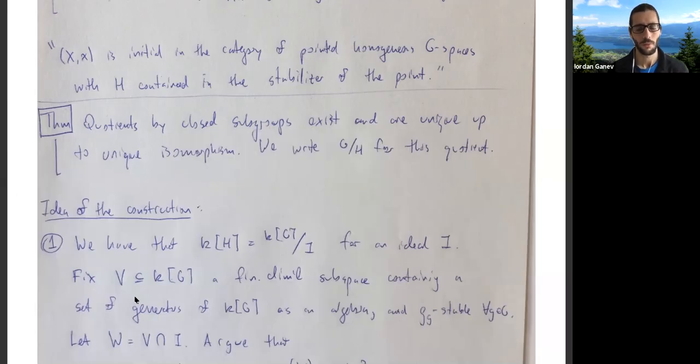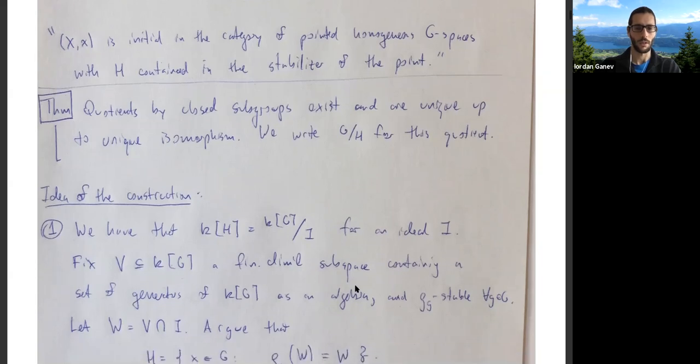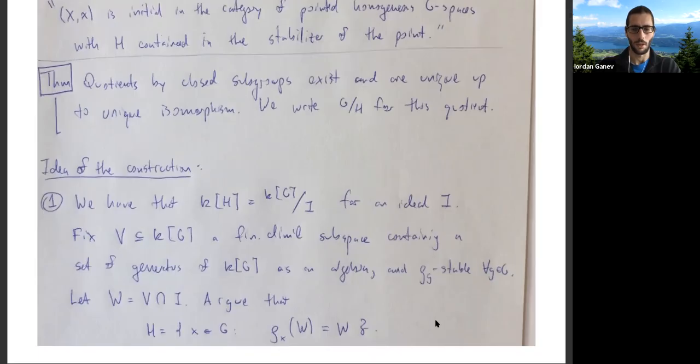This is similar to the proof of the embedding theorem, that any affine algebraic group embeds inside GL_n; we started with a similar consideration here. We also require that V is stable under all the rho sub g. We argued previously that there is such a finite dimensional subspace.